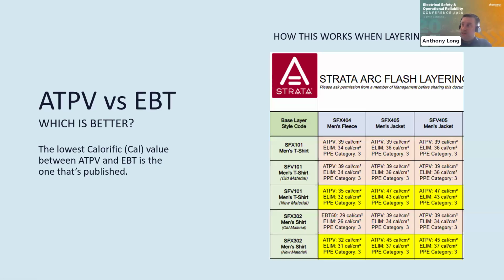When they are both EBT, you can see we've got a far, far higher arc rating combining the two layers of EBT. So it depends on how the rating performs of the fabric, and then when you layer them up, how they're layered up as to how well arc flash protection works when combined with a layer in between. So keep your mind open on ATPV and EBT.